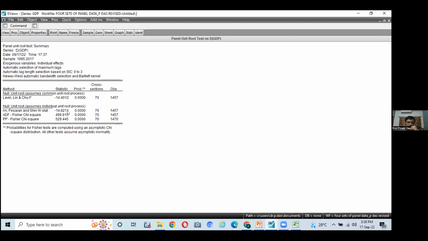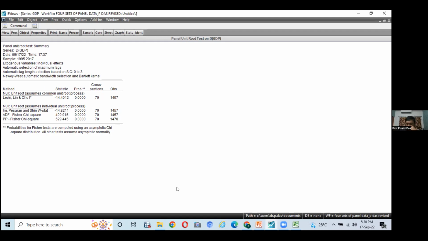Therefore, what is our conclusion? Is GDP at the first difference stationary or non-stationary? Stationary. GDP at the first difference is stationary because the test results are statistically significant, therefore the null hypothesis is rejected.